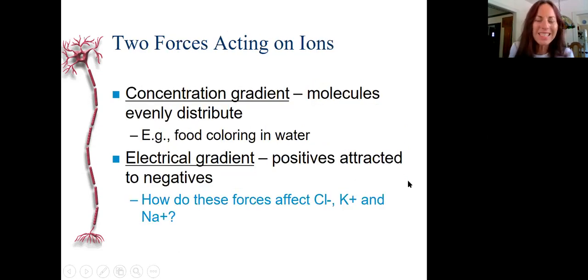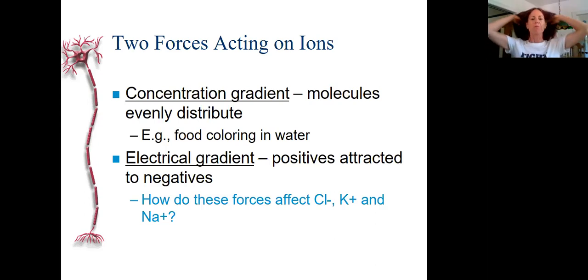Okay, these ions, potassium and sodium and chloride, are all affected by two forces. One is the concentration gradient, and one is the electrical gradient. The concentration gradient basically says that molecules are going to evenly distribute throughout a medium.